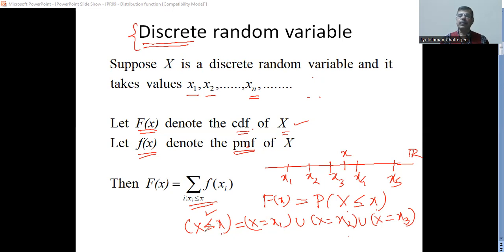And when the other way around happens, then also capital X must be equal to x1, x2, or x3, because it cannot be x4 or x5. Those are bigger than x. Now, taking probabilities on both sides, we get these will add up because they are mutually exclusive events.